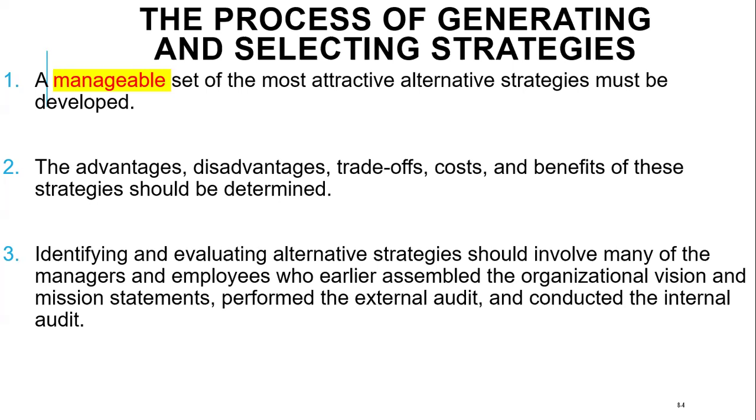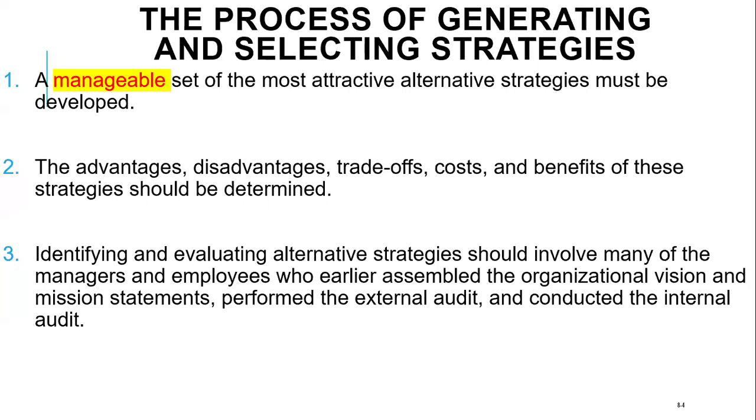So when we say a manageable set of the most attractive alternative strategies must be developed, it simply means that an attempt is made by the key players that have a role to play on the strategic decision-making table to come up with a number of strategies.